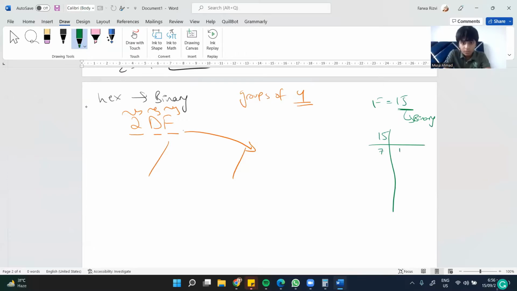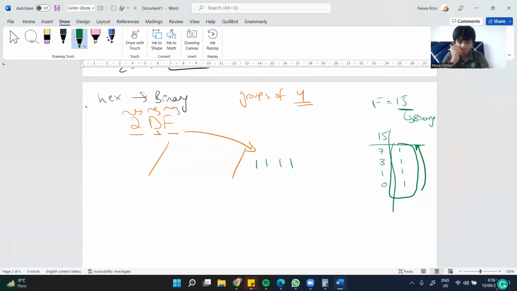And then 3.5. So 3 and 1. 1.5 and 1. And then 0 and 1. So we have this group of 4. And I'm going to read it from the bottom to the top. In this, it doesn't matter because all of them are already 1s, but it's better to have that practice. Otherwise, you might make a mistake later. So 1, 1, 1, 1.